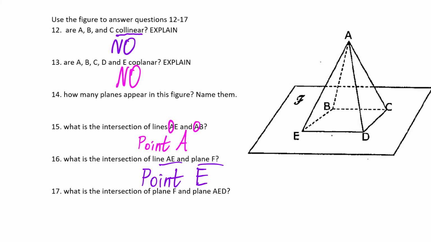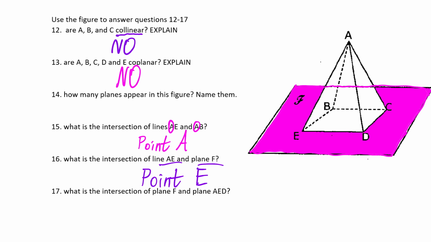All right, and then the last one down here. What's the intersection of plane F, that's this right here, and plane AED? So AED is right here.